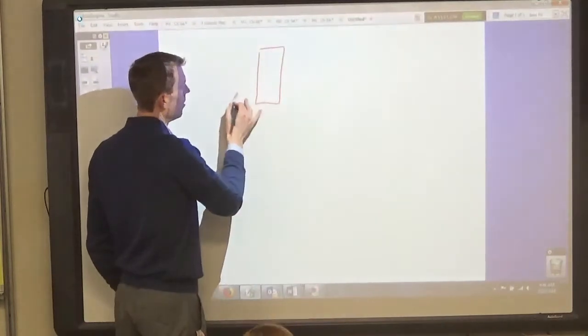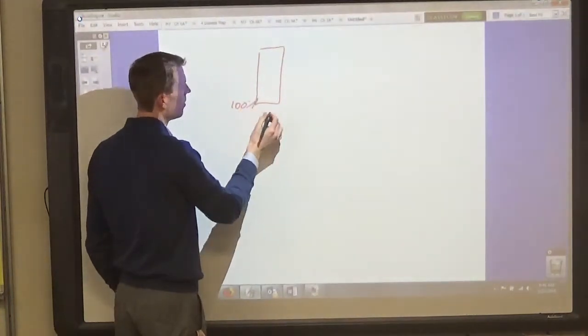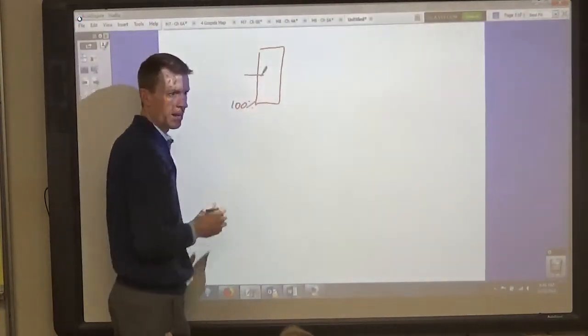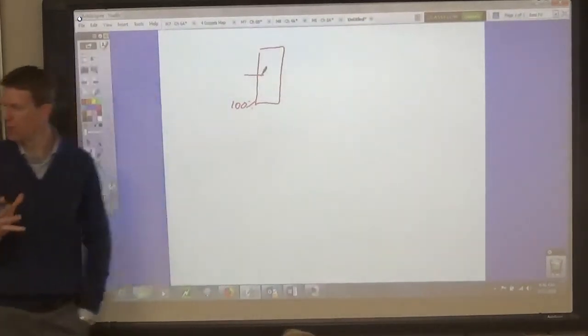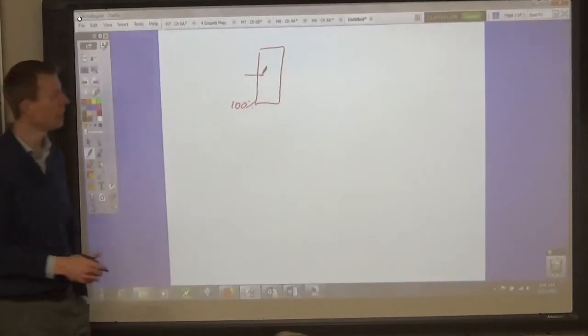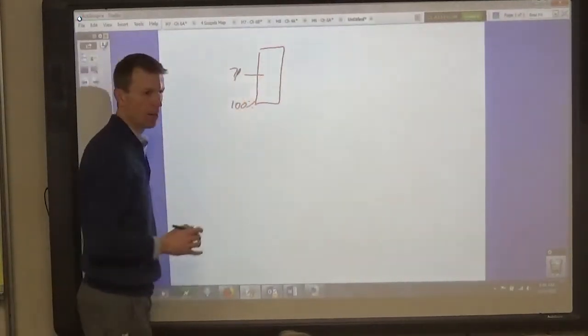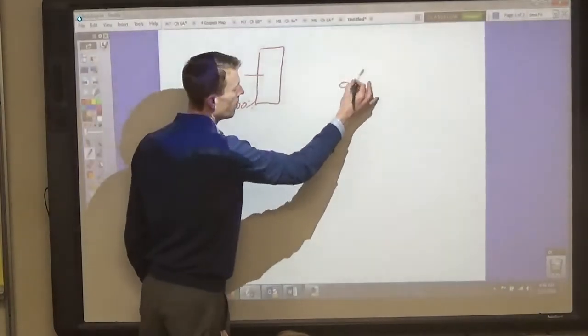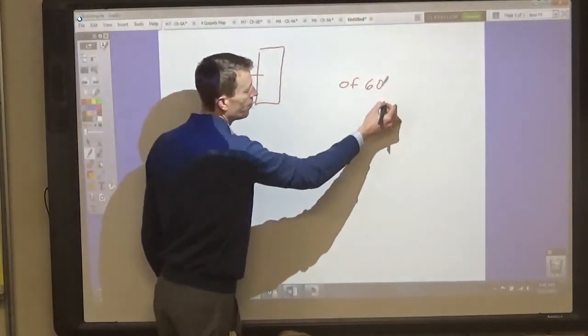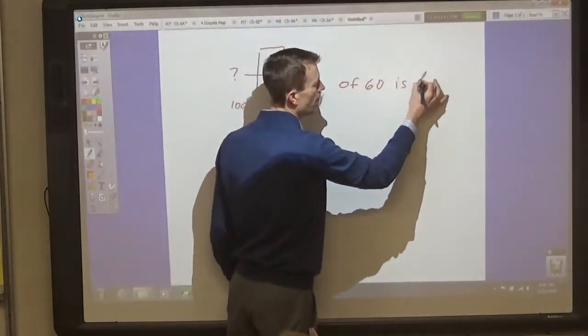Okay, so this is 100%, and it says what percent, that's the first words in the question on example 2, what percent, and so that is the number we're looking for. Then it says of 60 is 52.